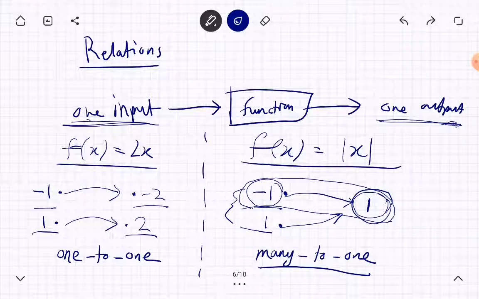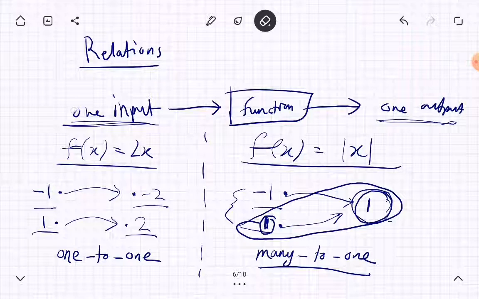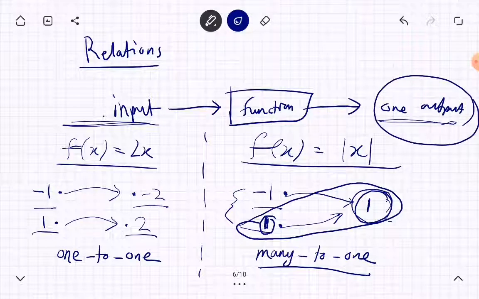Then the second relationship: you put the input +1 and you get the output +1. The idea is that probably the one input here is confusing. You must get only one output. If you put in a number, you should only get one number at the end. You cannot get two numbers at the end.